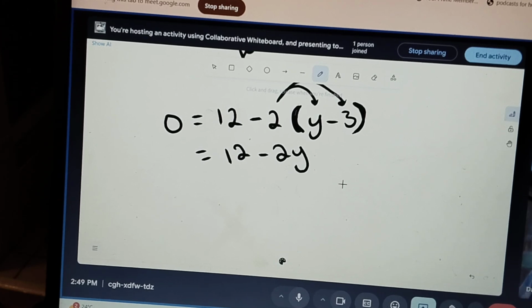For this little section here, the bracket, I got 2y minus 6. Is that right? No, plus 6, because it's a minus times a minus.